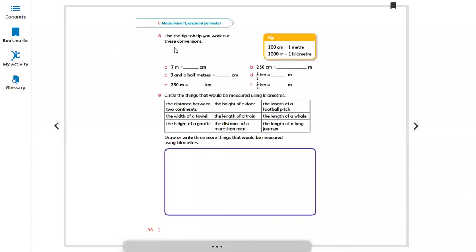Question number 8. Use the tip to help you work out these conversions. 100 centimeters equal 1 meter, and 1000 meters equal 1 kilometer. 1 kilometer equals 1000 meters. 1 meter equals 100 centimeters. And 1 centimeter equals 10 millimeters.